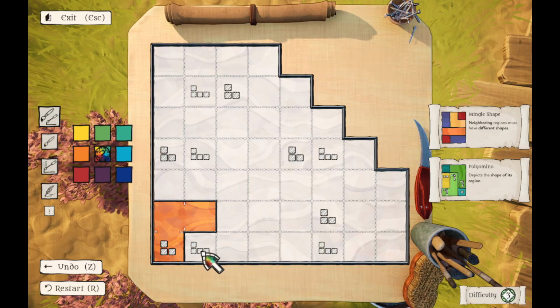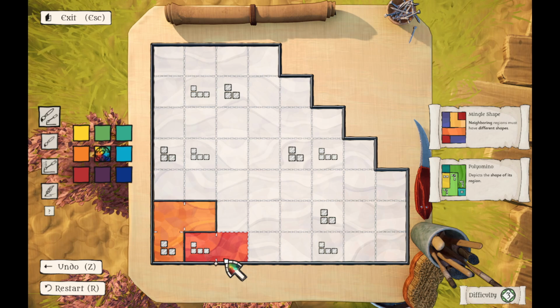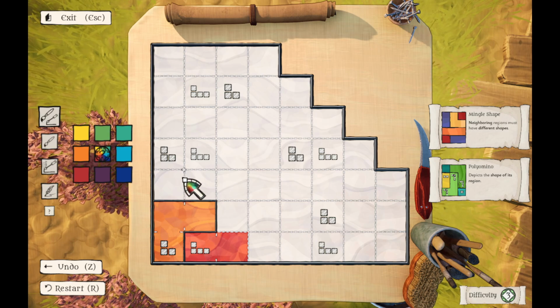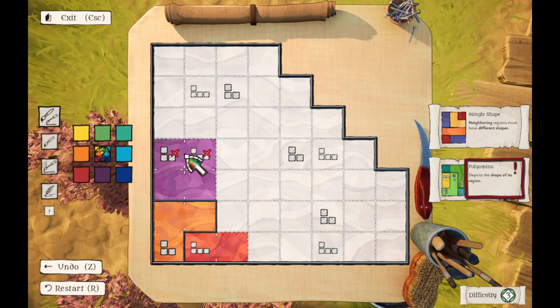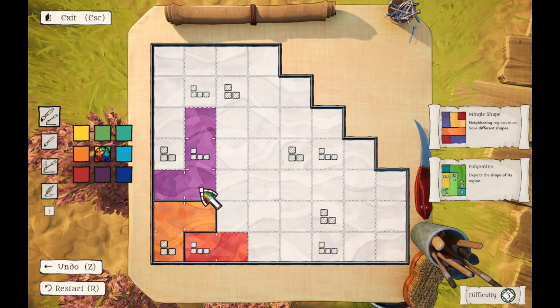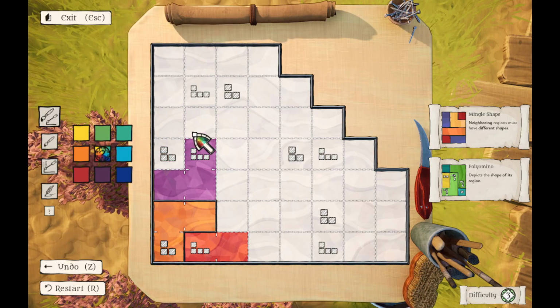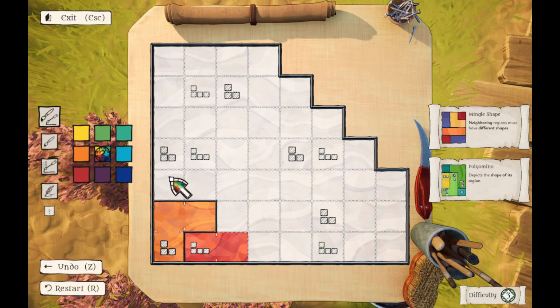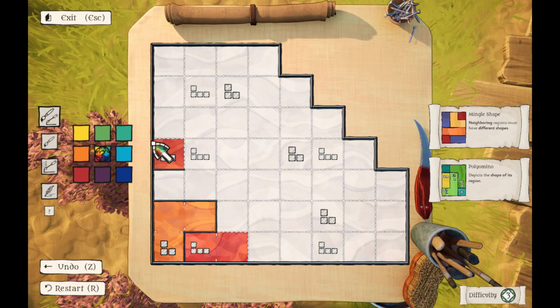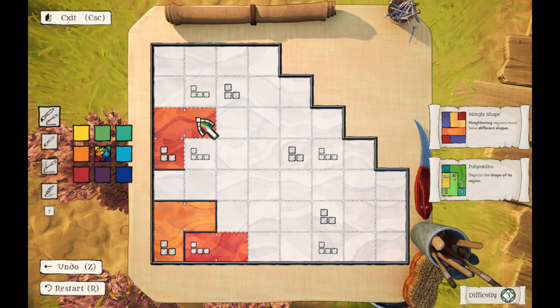That has to go like that. This has to do something. That doesn't work. That cannot come down. It's going to have to go up like that.